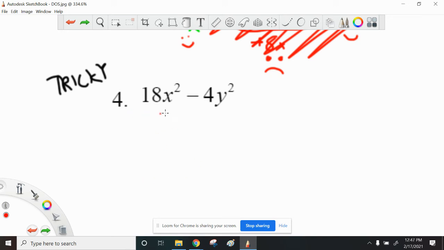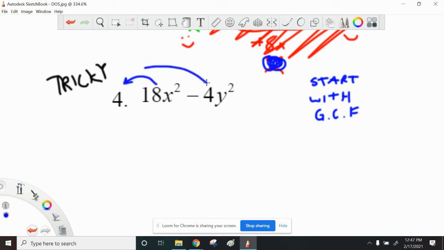So what you're going to have to do for number 4, and I'll give you guys a little note here, get rid of our frowny face because we're happy again, is we're going to start this question with GCF. What we learned the other day, right? Are we able to undistribute a GCF of something from both these numbers?